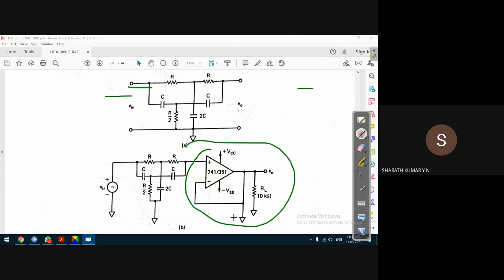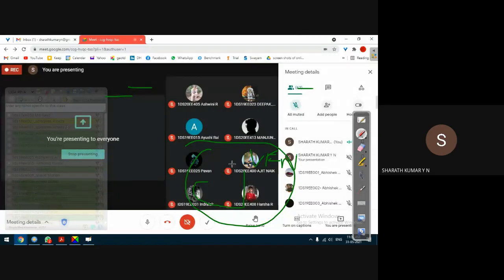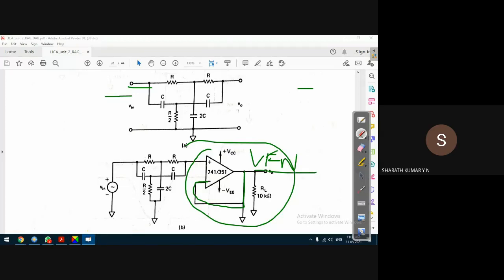What is this op amp circuit? In this configuration, the output is connected to the inverting input. That means it is acting as a voltage follower network. The output voltage is fed back to the input. The advantage of this voltage follower is that the output device connected to this passive filter is isolated by the op amp circuit.